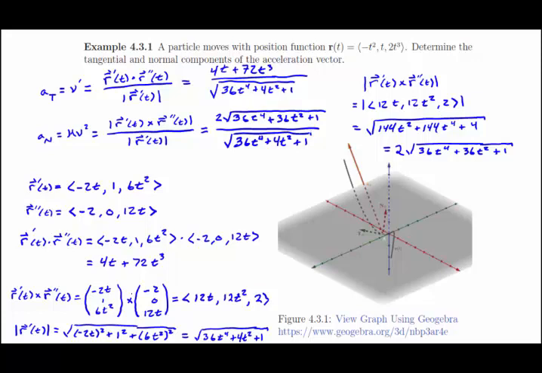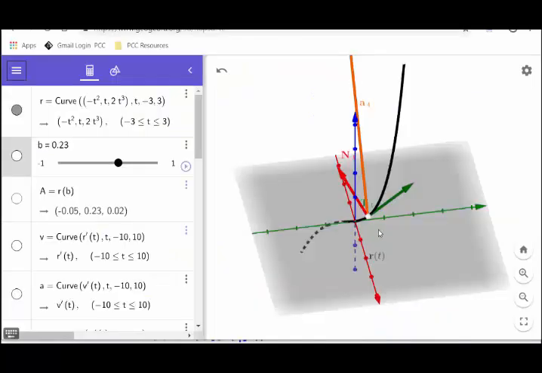I am going to go ahead and show you a picture of the function here with the unit tangent vector, the unit normal vector, and the acceleration vector. So here in GeoGebra, I've programmed in the curve, negative t squared comma t comma 2t cubed.